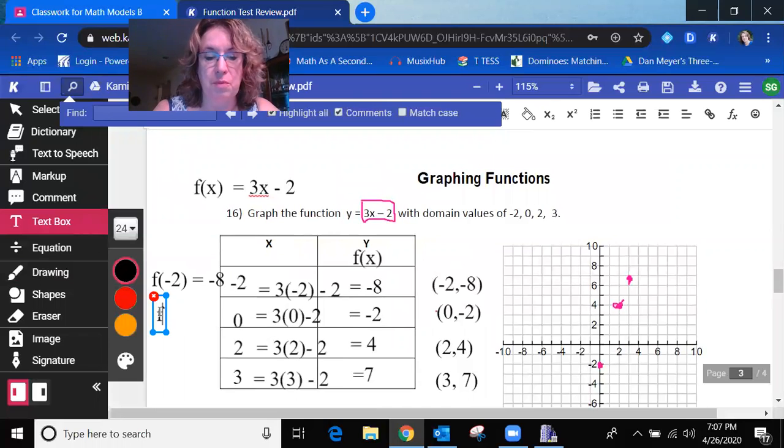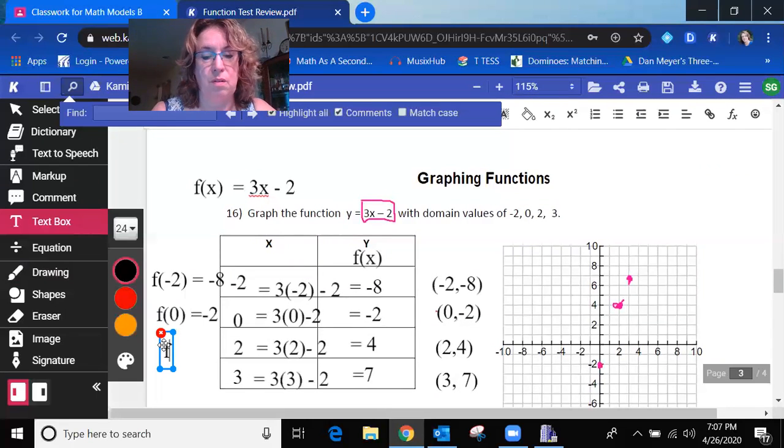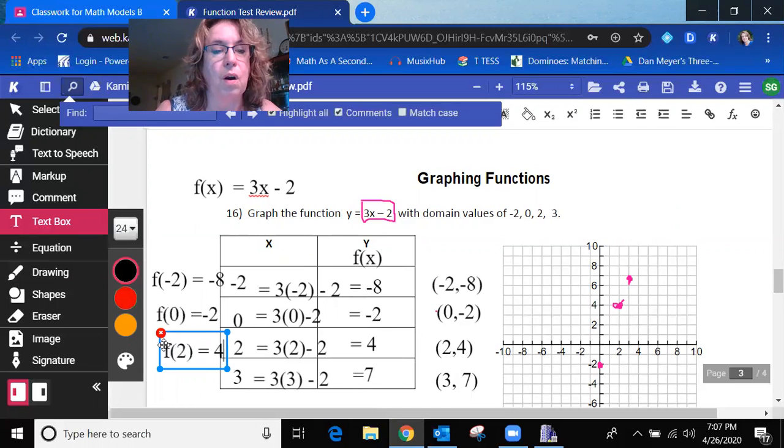This one could be written like this. F of 0, what is the value of this function when x is 0? Well, it happens to be -2. And so forth. F of 2 equals 4.